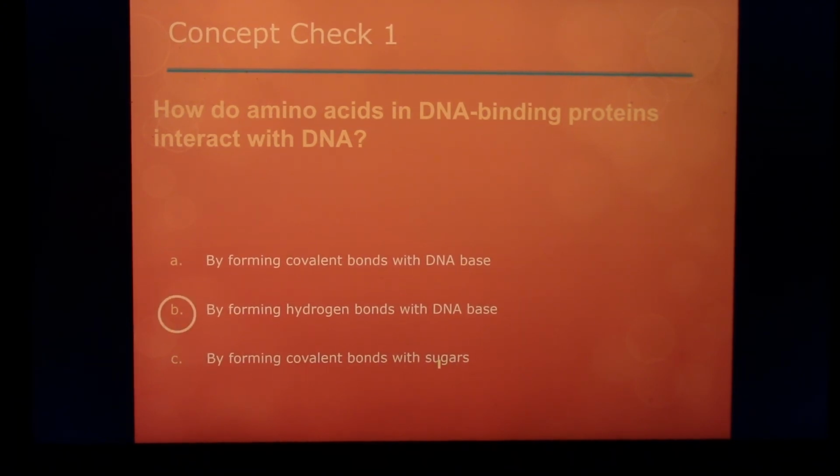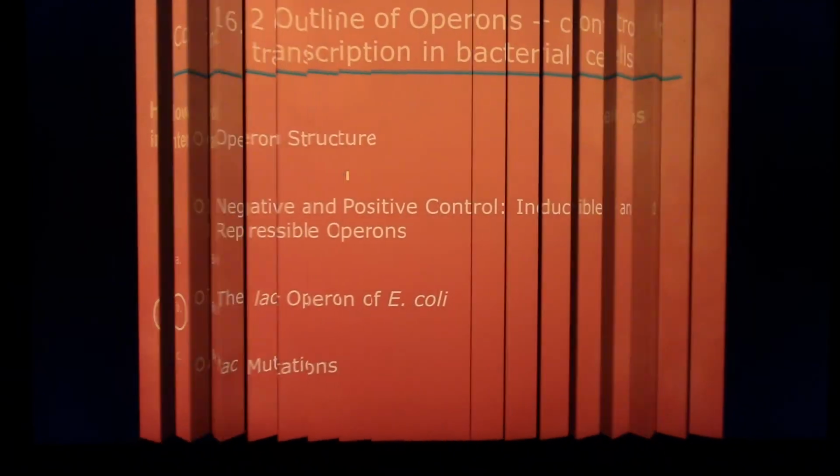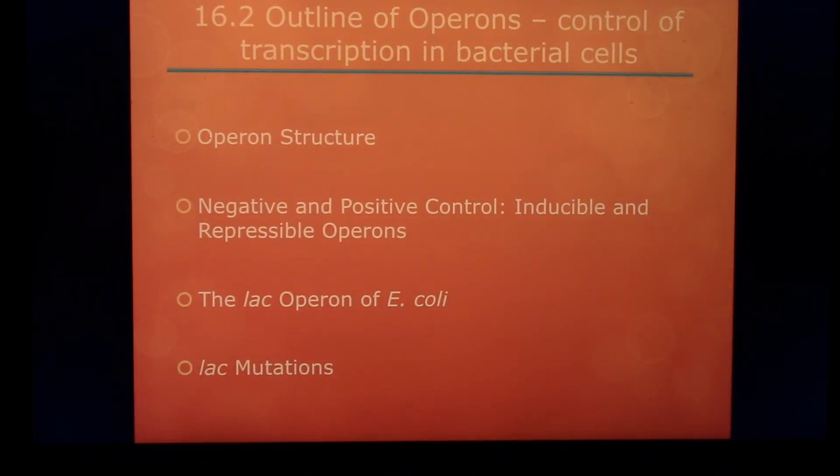Yes, I do. It is this one in the middle. They form hydrogen bonds. If it were covalent bonds, it wouldn't be temporary. It wouldn't be dynamic. It would be permanent. So it's hydrogen bonds that are needed to create this interaction between the DNA binding protein and the piece of DNA that it's recognizing.